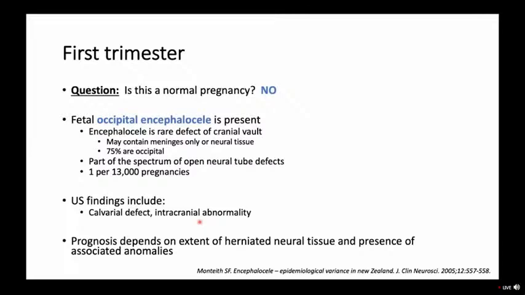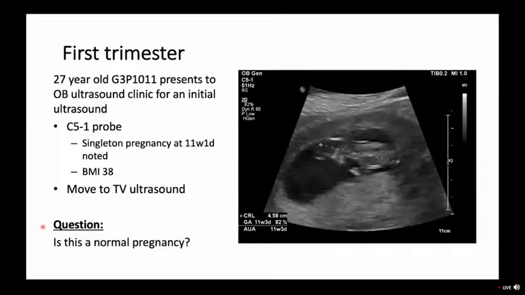We've lost the cerebellar hemispheres and the vermis, etc. The prognosis in this is unfortunately not good. It's very difficult to fix the brain, push it back into the skull, and create a skull. And so this patient ultimately elected to not proceed with the remainder of the pregnancy based on our first trimester ultrasound.